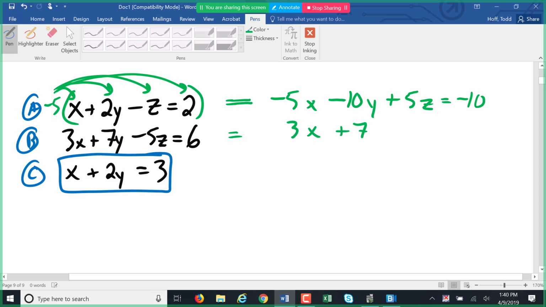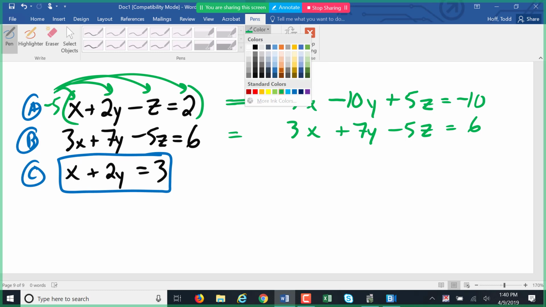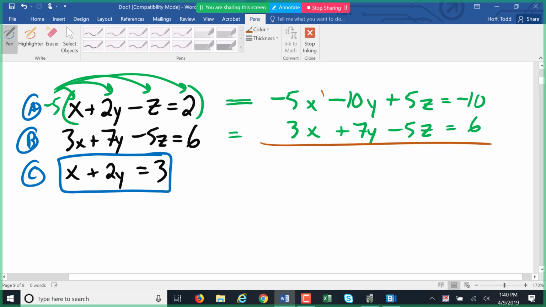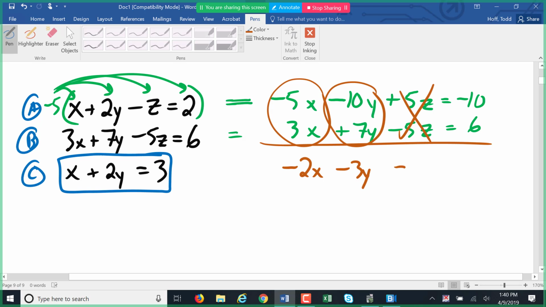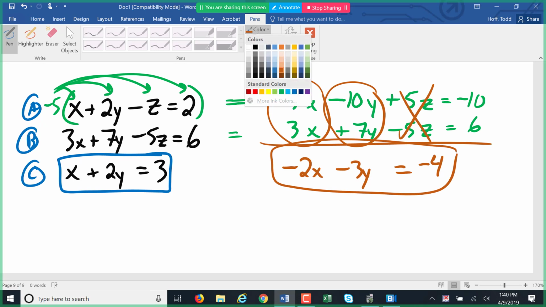Positive 3x, positive 7y, negative 5z equals 6. And we'll add the equations. Negative 5x and 3x make negative 2x. Negative 10y and 7y make negative 3y. 5z and negative 5z cancel, equals negative 10 plus 6 is negative 4. There's my other equation.